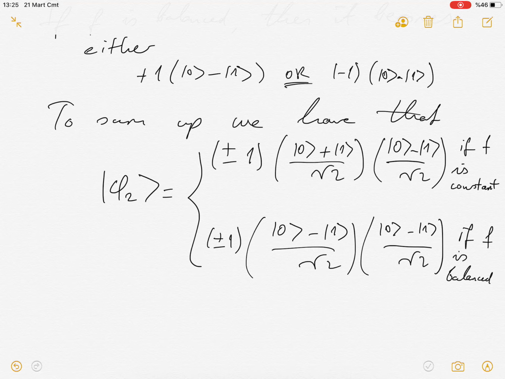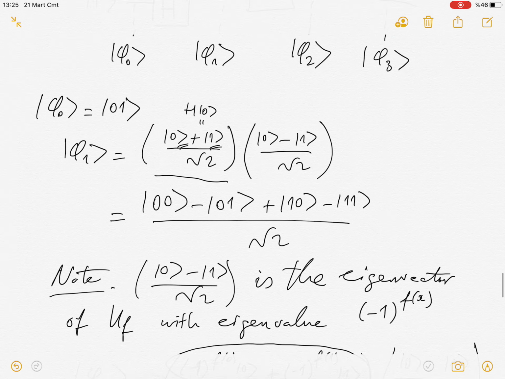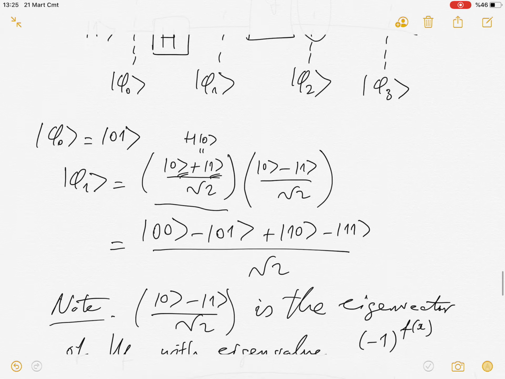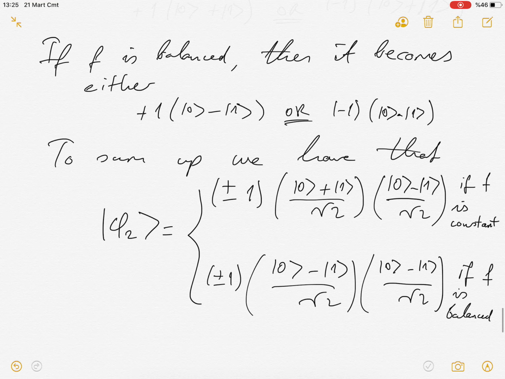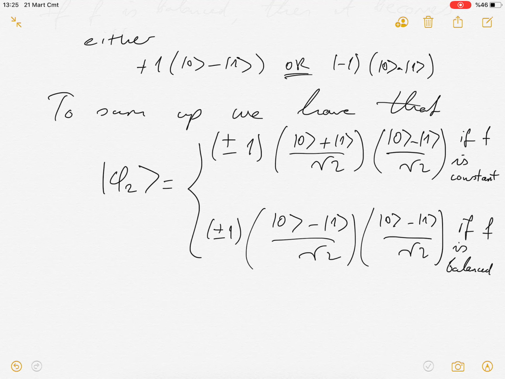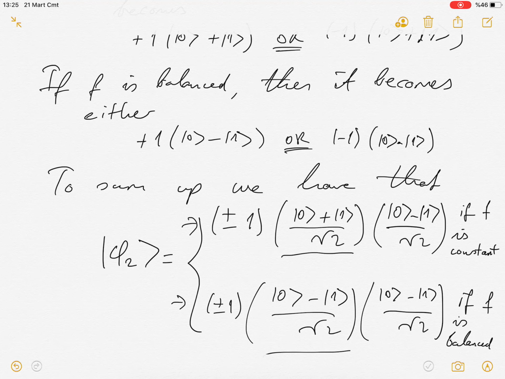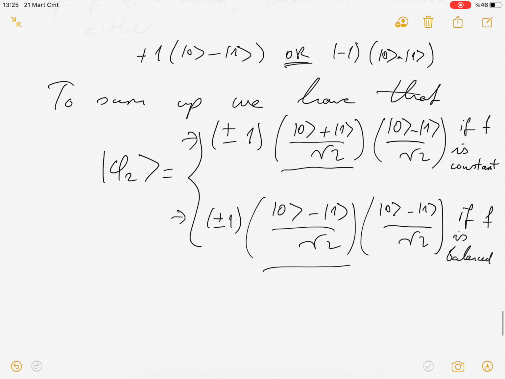All right, so here comes the trick. The trick is to apply a Hadamard transform on the output of the first qubit of UF. So we're here now. Okay, phi 2. And depending on whether f is constant or balanced, it's in either one of the two states. And we're going to apply a Hadamard transform on the first qubit of phi 2. What's going to happen is that the Hadamard transform is its own inverse.